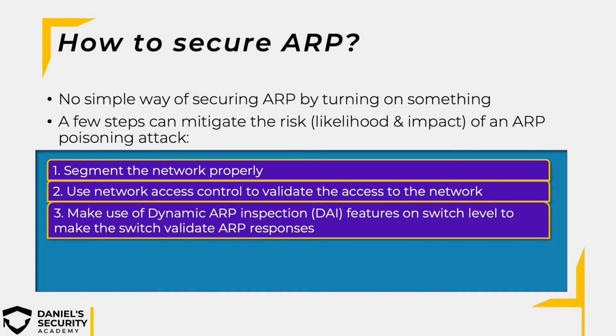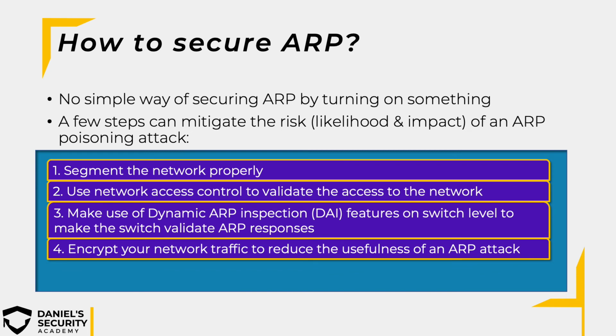But dynamic ARP inspection, DAI, is the usual name of the feature, is something which you could use on a switch level to let the switch actually validate ARP responses and ARP requests before sending them out. So by having its own ARP table and checking, is this a valid ARP response? Does the response make sense? Does it fit to what I have in my table? This can pretty much work against the spoofing attacks.